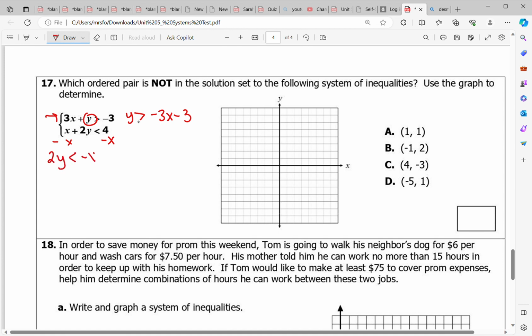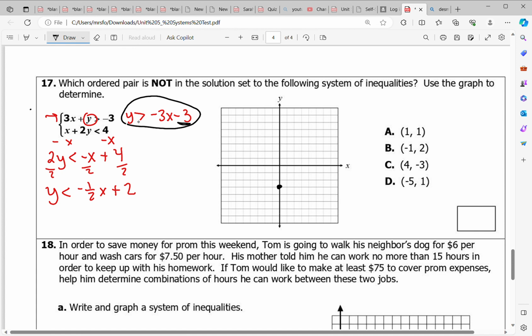2y is less than negative x plus 4. Divide by 2. Y is less than negative 1/2 x plus 2. So I'm going to start graphing this. So I'll start with my y-intercept.